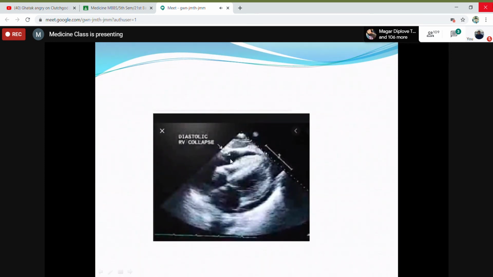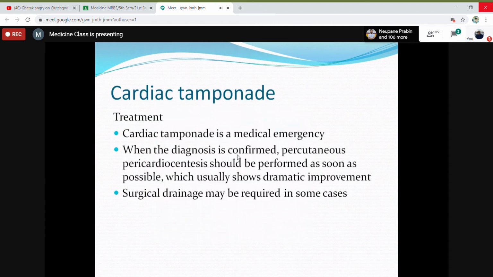This is the left ventricle, left atrium, right atrium, right ventricle, and there will be diastolic collapse. You can see the collapsed right ventricle during diastole. So this is the echocardiographic finding in a patient who has cardiac tamponade.